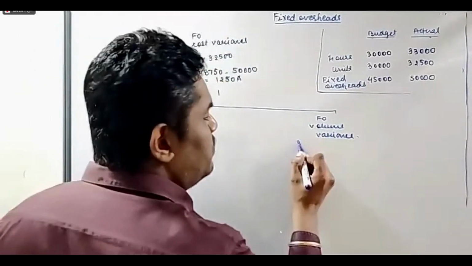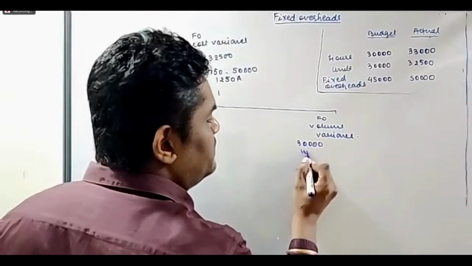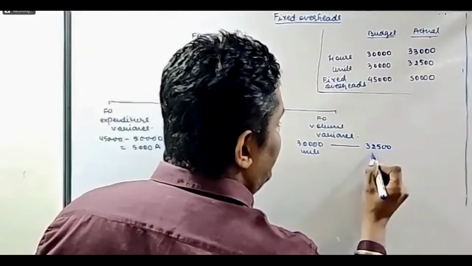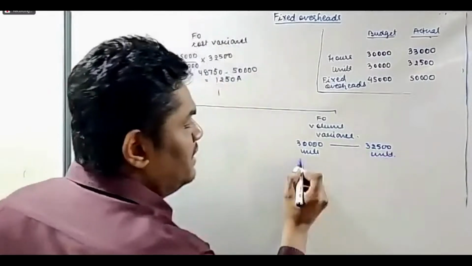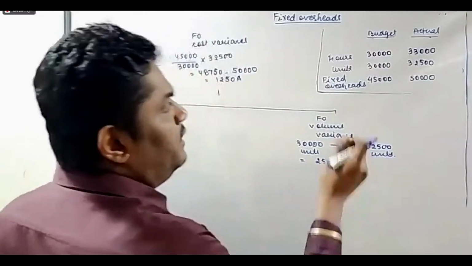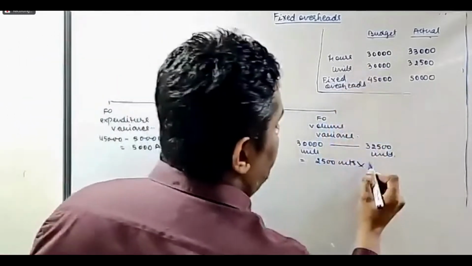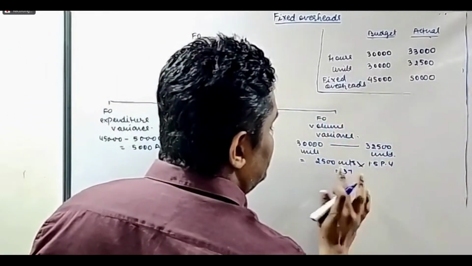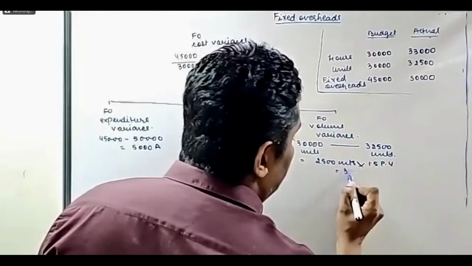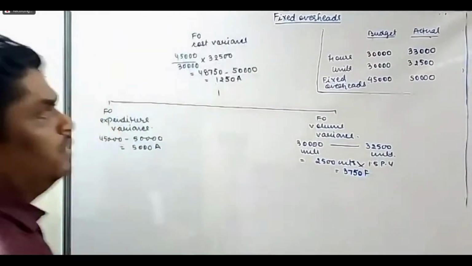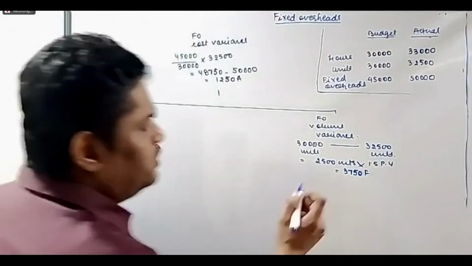That is, we were supposed to manufacture 30,000 units. However, we actually manufactured 32,500 units. That is 2,500 units extra into the rate per unit, that is 1.5 per unit. So this will be 3,750 favorable. So till now, there will be no change.